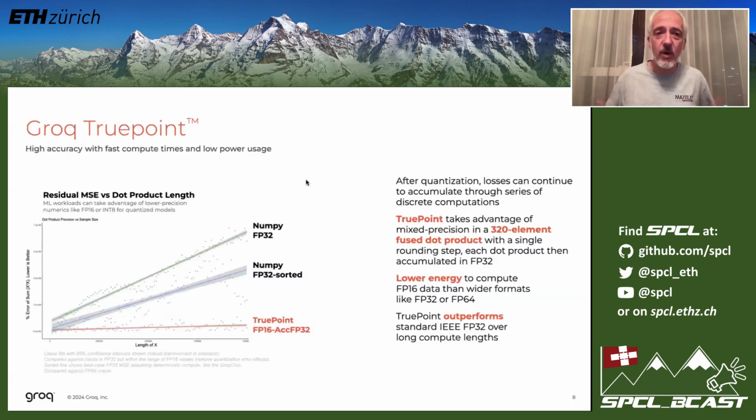But then what is the precision of that computation? And here there is an interesting graphic of what Groq calls TruePoint. And it's a Groq trademark, something that Groq has been working on, which is looking at matrix multiplication. You have a lot of additions along the row or column, which are accumulations. And these accumulations have a problem.